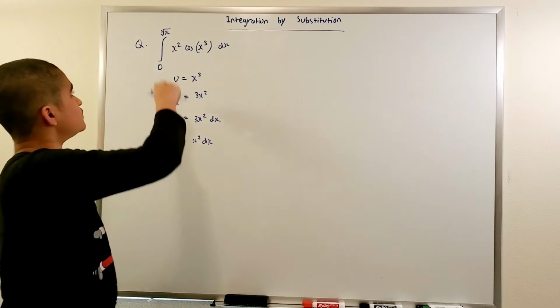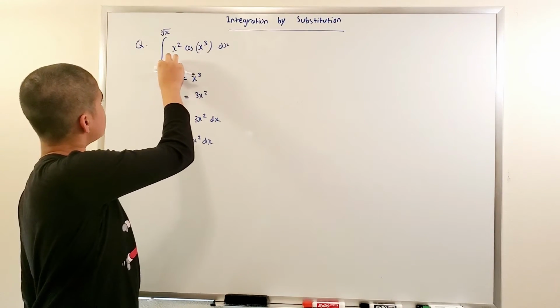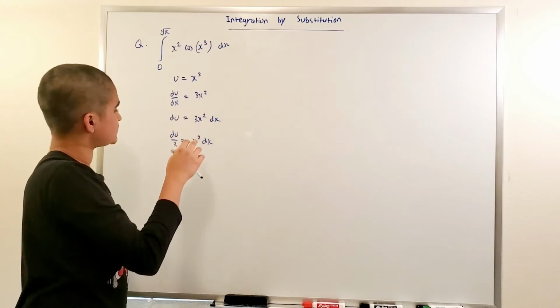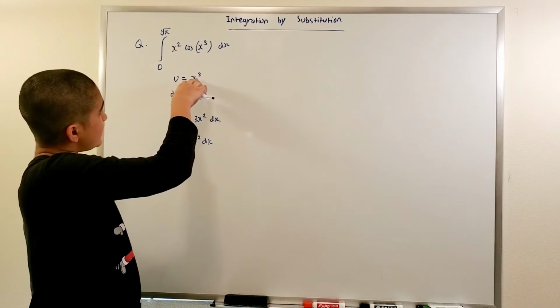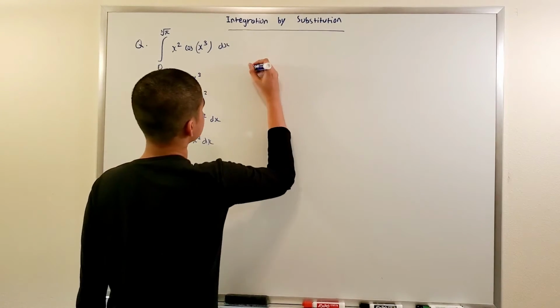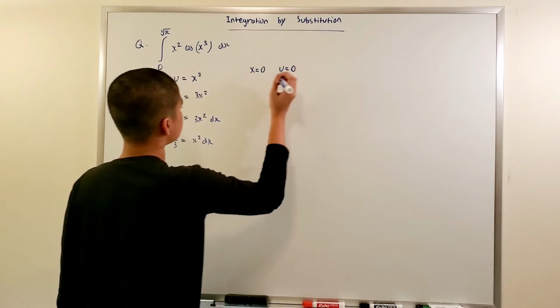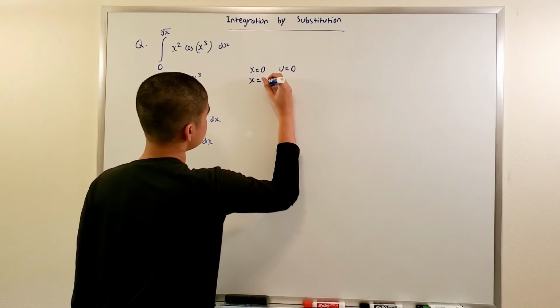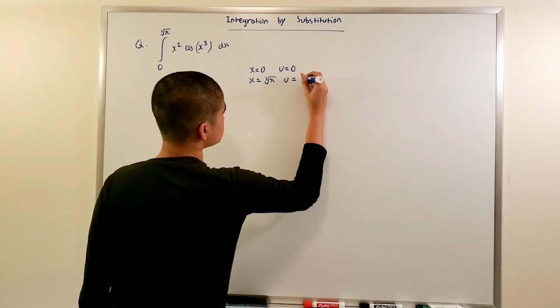Now, in the case of a definite integral, we also need to change the limits of the integral such that it fits u. At x is equal to 0, we see that u is also going to be equal to 0. If x is equal to the cube root of pi, we see that u will be equal to pi.